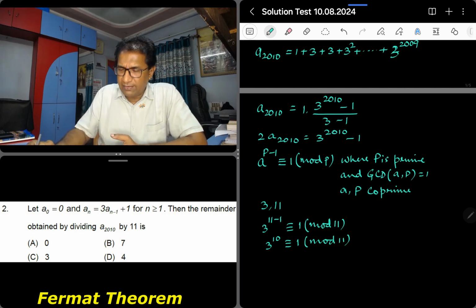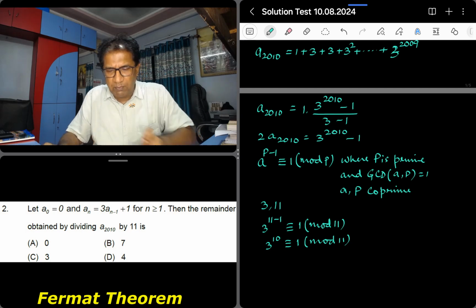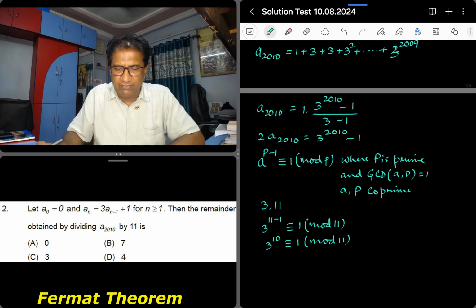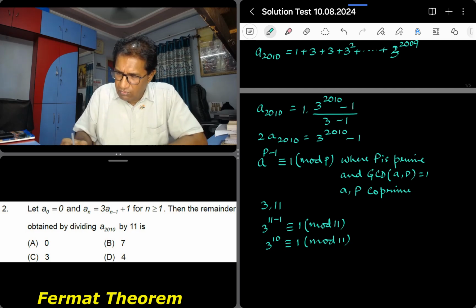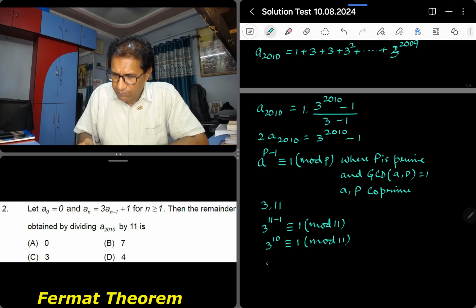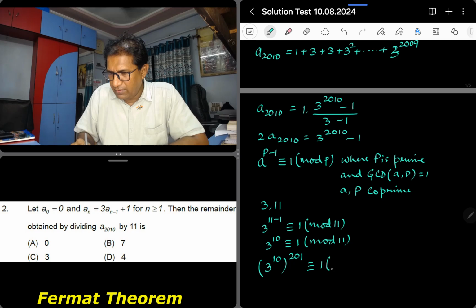Now what do you mean by that? Now when 3 to the power 10 is divided by 11, the remainder is 1. So if I raise the power to 3 to the power 10 whole to the power 201, so again the remainder remains the same.